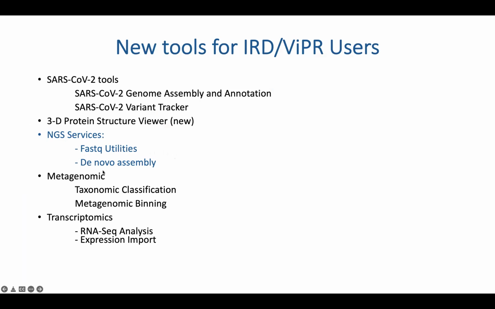And we also have de novo-based assembly services. For now, the only reference-based assembly service that we have is for SARS-CoV-2, but we do have plans to extend reference-based assembly to other viruses of interest. And please do let us know if you have a specific virus in mind that you think is more important than the others for us to get started on.